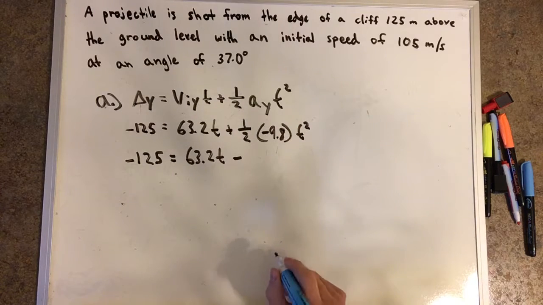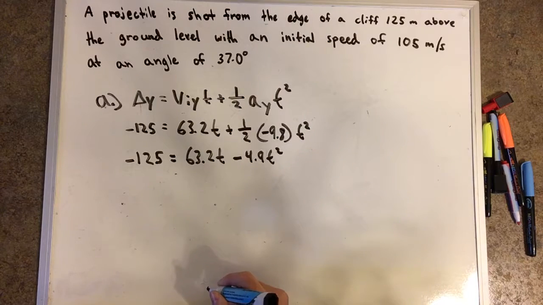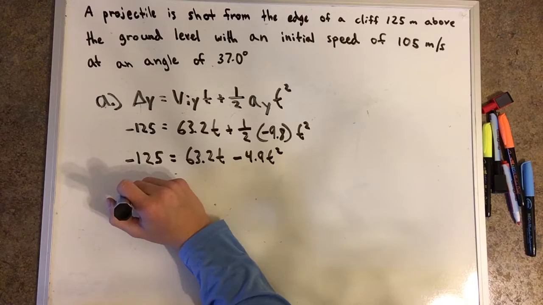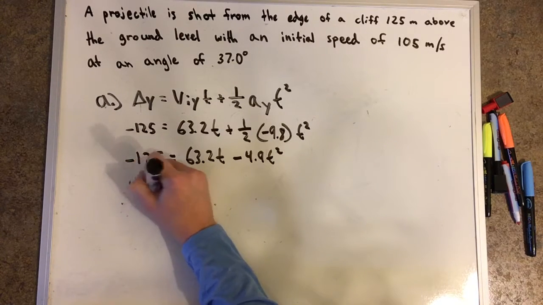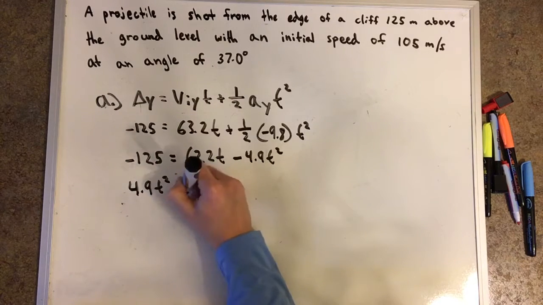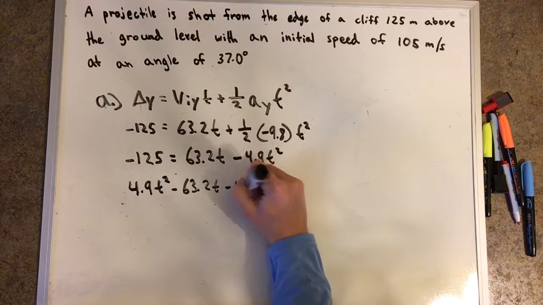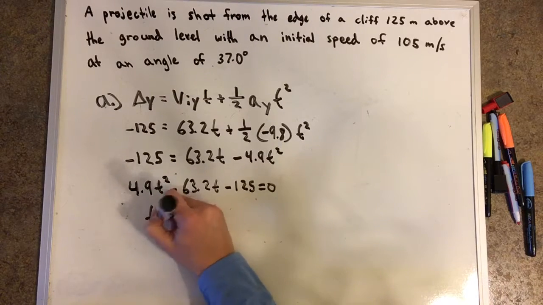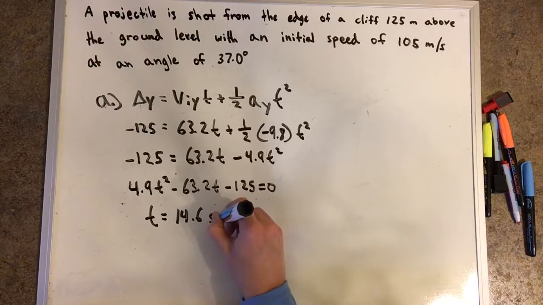Minus half times the negative 9.8 equals negative 4.9 t squared. For this problem, you're going to have to do Pythagorean theorem. First, you have to get everything to one side. Once you isolate t, you find out that t equals 14.6 seconds.